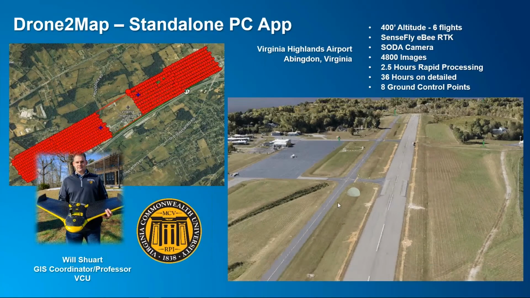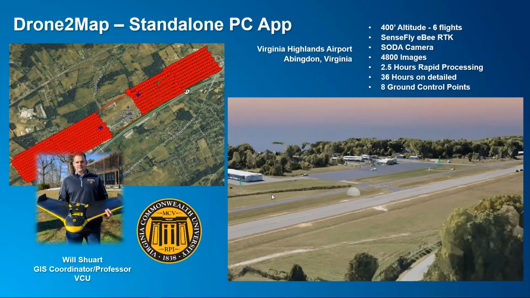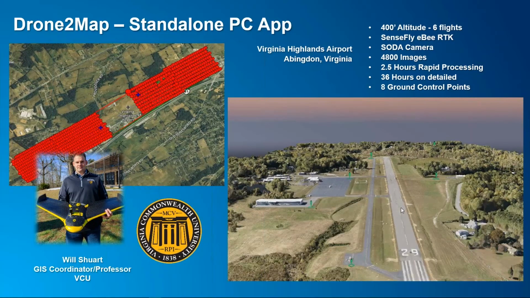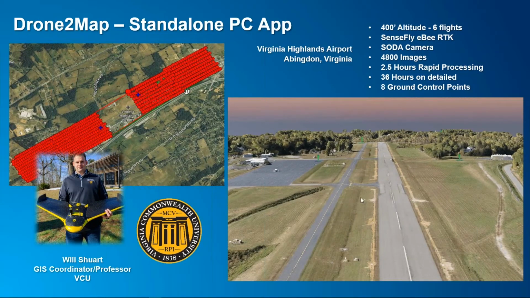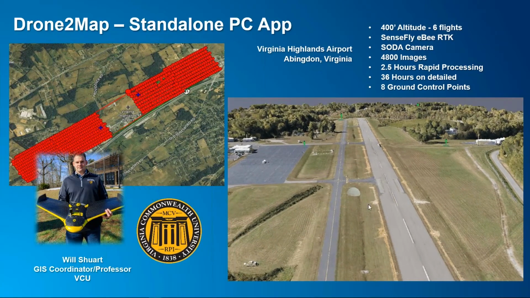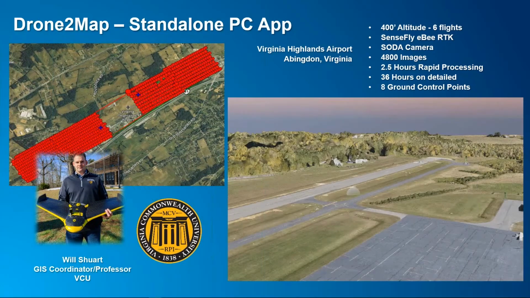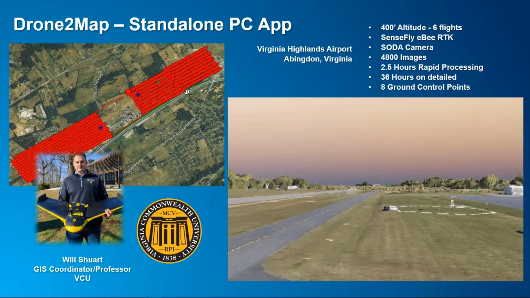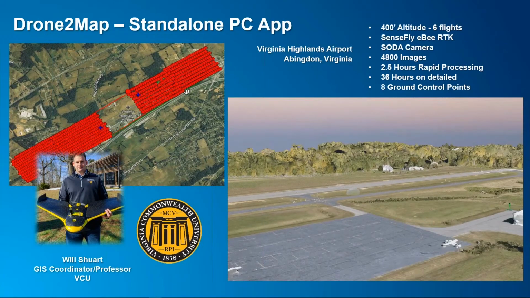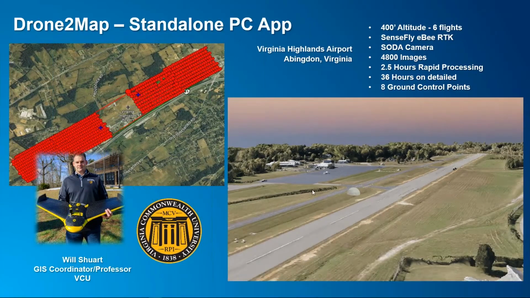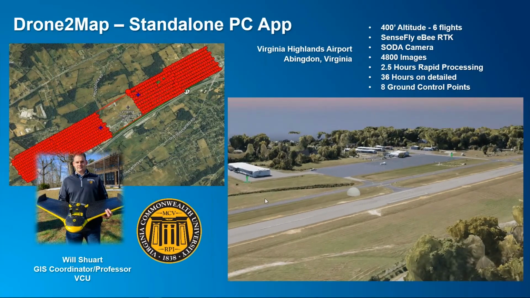But you can see that the resolution of this 3D scene is really powerful and helpful for local planners to better understand expansion of this airfield. With his powerful machine, he was able to process this in about 3 days and get very, very detailed information of this area.